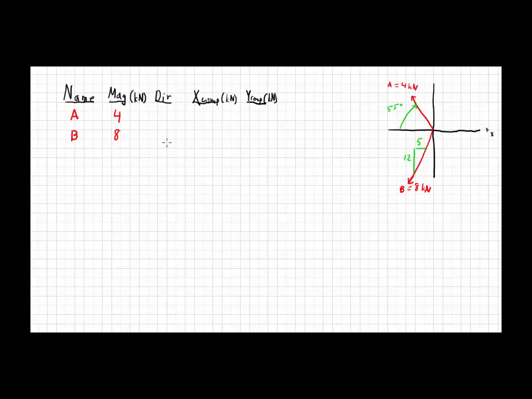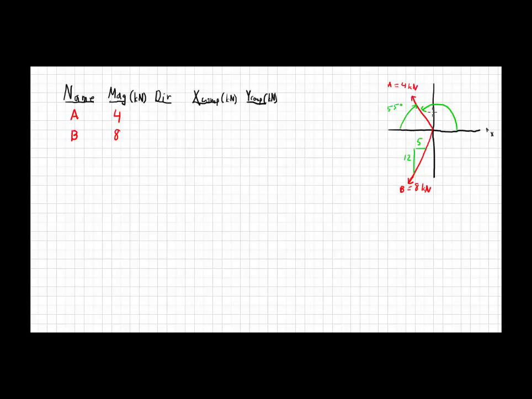So here we have another example, keeping it simple. We've just got two forces, one here and one here, labeled A and B, and started setting up our table with A and B and their magnitudes. Now let's look at their directions here. A is at 55 degrees, but it's with respect to the negative x-axis. We want to make sure that everything is with respect to the positive x-axis.